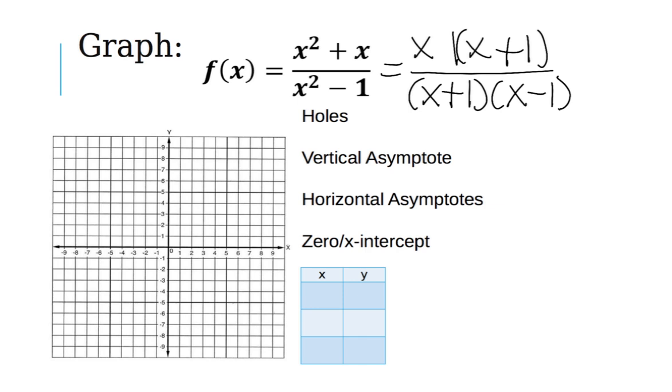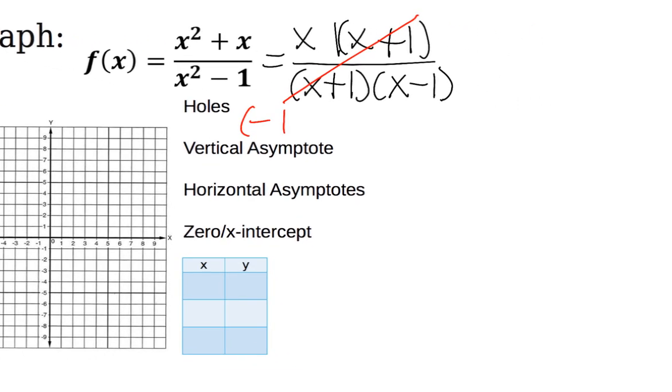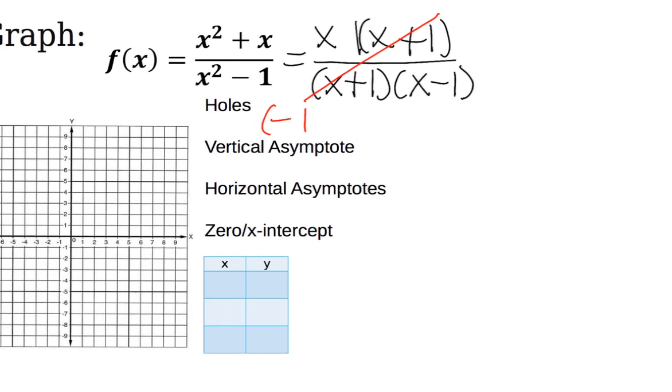As we've done before, first thing we look for, does anything cancel? And yes, it does. Our x plus 1s are going to cancel, which means we're going to have a hole at -1. So let's go ahead and rewrite our simplified rational. And our simplified rational is going to be x over x minus 1.